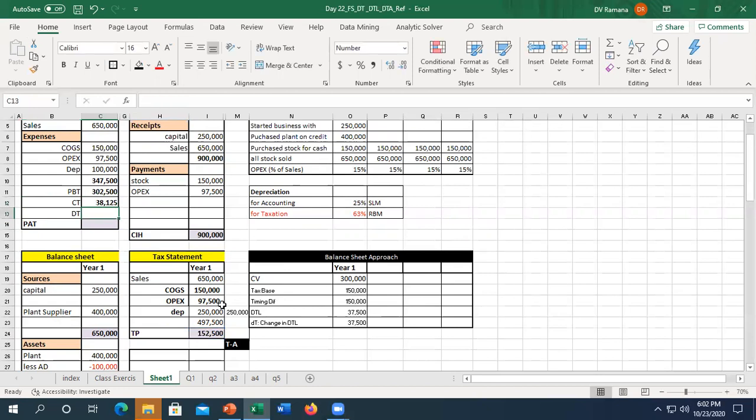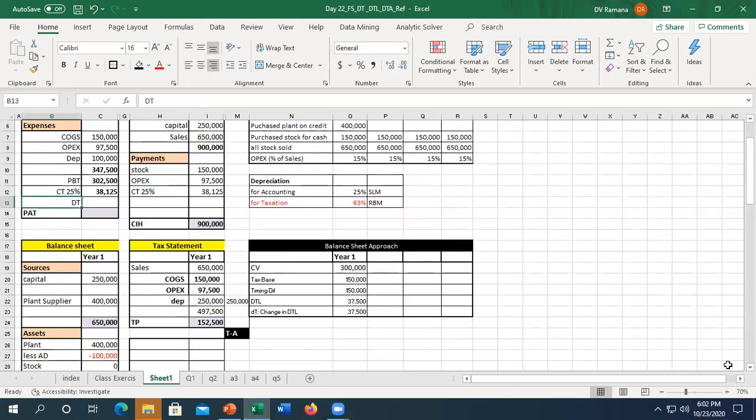So the tax is about 38,100, and you pay that tax. But what is the deferred tax?